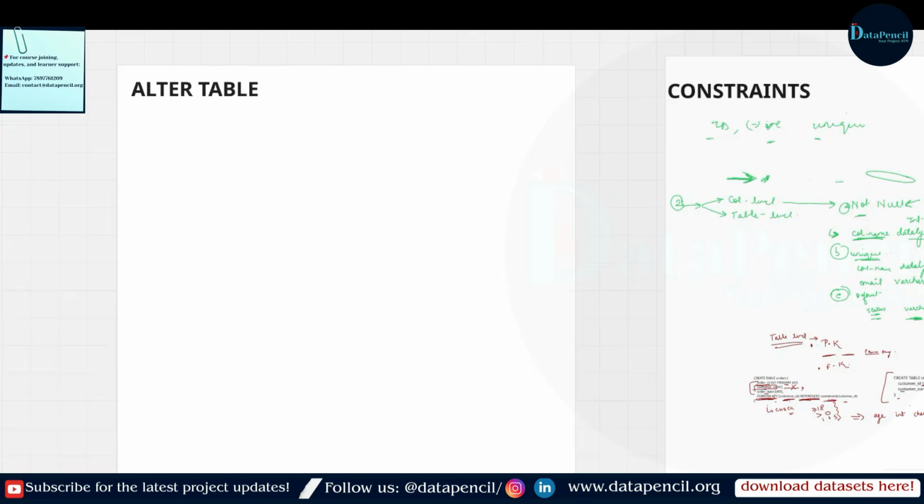It can add a new column. What else? It can modify the existing column. It can add the constraints also. Okay. It can drop any constraint as well. Suppose any rule is changed after 1 year, after 1 month. So we can drop that constraint also. Correct? We can rename our columns.